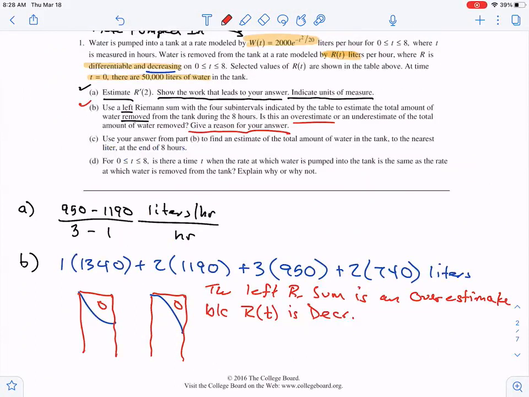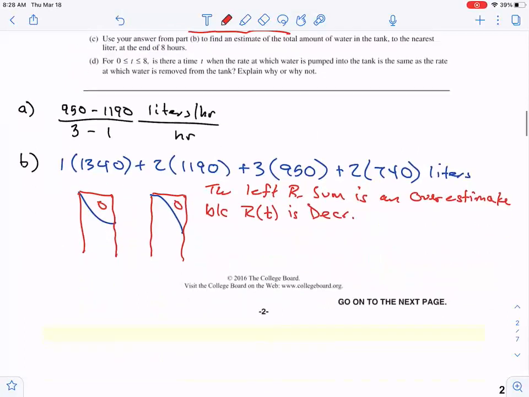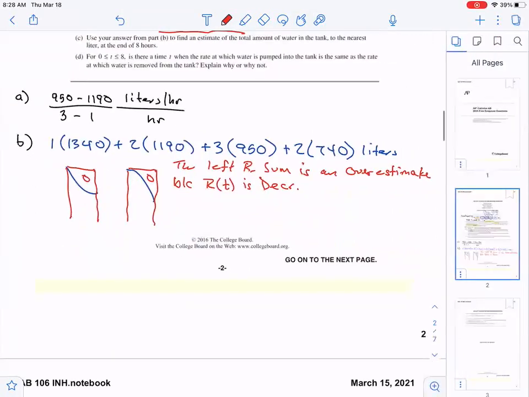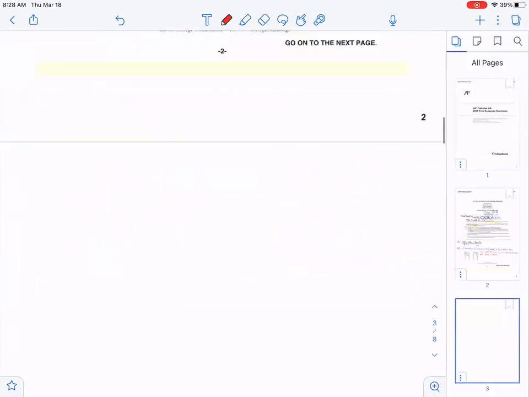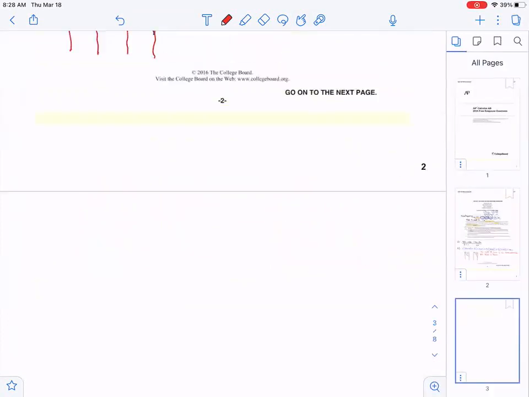Part C, use your answer from Part B to find an estimate of the total amount of water in the tank to the nearest liter at the end of 8 hours. Okay, so for Part C, the amount of water that is going to be in the tank at the end of the 8 hours is really going to be made up of 3 different things.